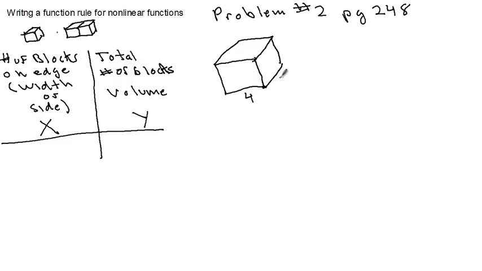It's 4 units wide, and it's 4 units this way, and it's 4 units that way. Well, 4 times 4 is 16, so this is 16 square units at this level. But since it's got 4 units more, it's got 1, 2, 3, 4, it's 16 times 4. And that equals 64. So the volume of this whole entire thing is 64.